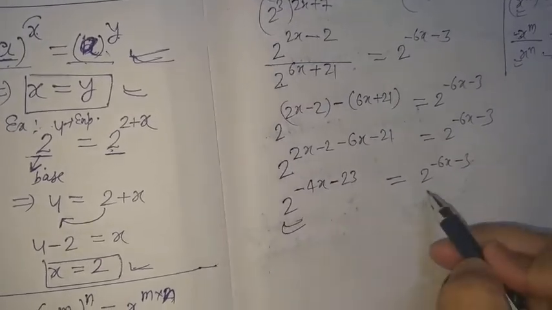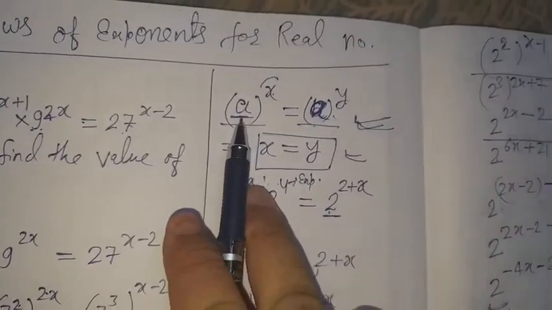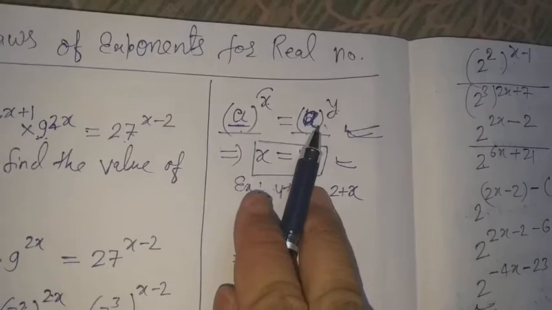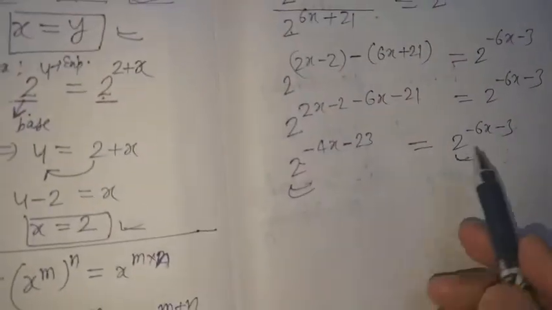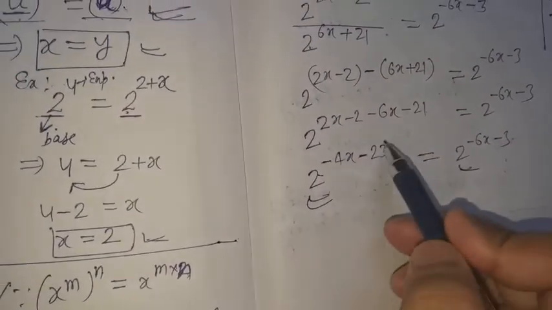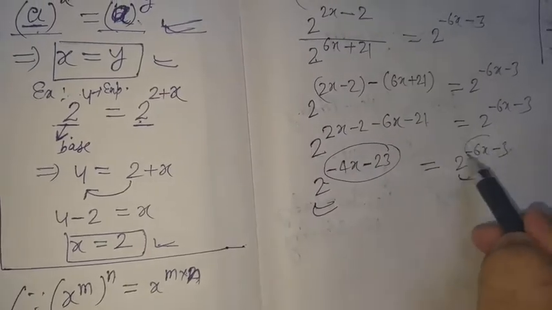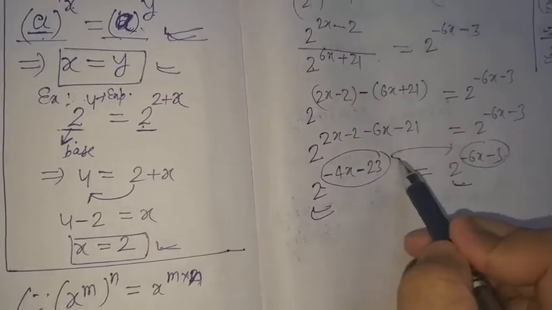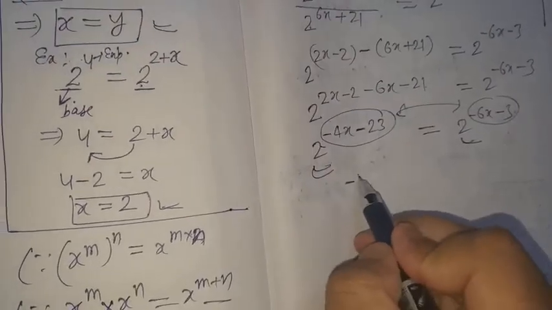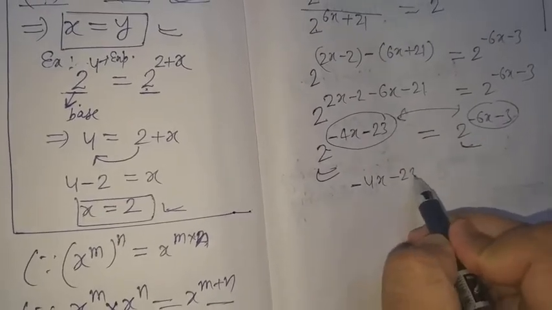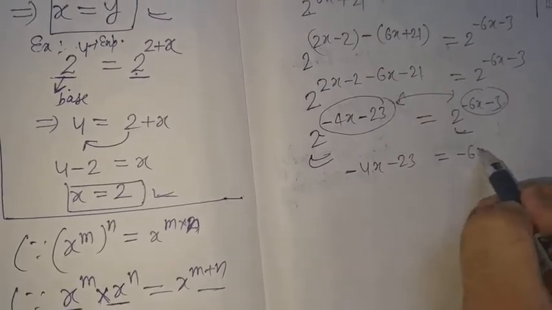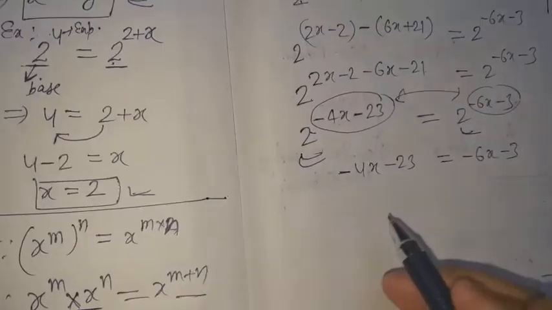Now see, the equal sign is there and both sides have the same base, so apply this concept: if the bases are the same, then the powers will be equal. So this whole power on both sides is equal. Minus 4x minus 23 equals minus 6x minus 3.